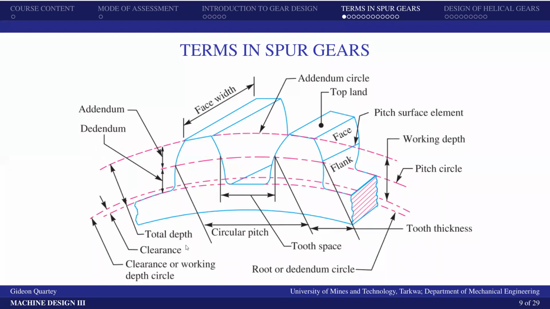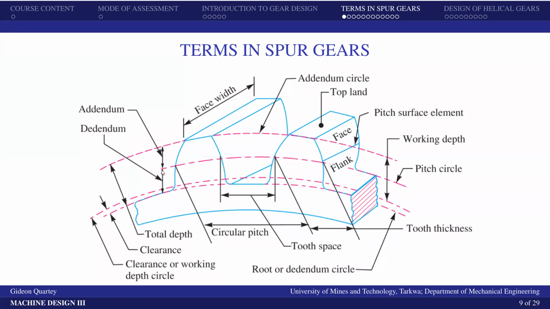That is this particular one. Sorry, the dedendum circle. That is this one here, right? The base one. Then the addendum circle is the one at the top, and then we have the distance between the pitch circle to the top, which is the addendum circle, is called the addendum.